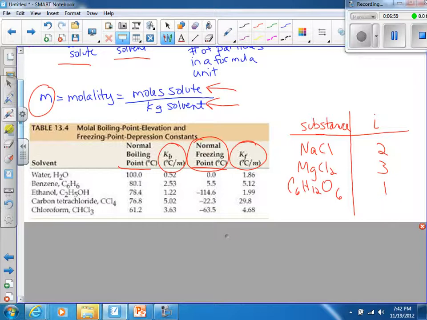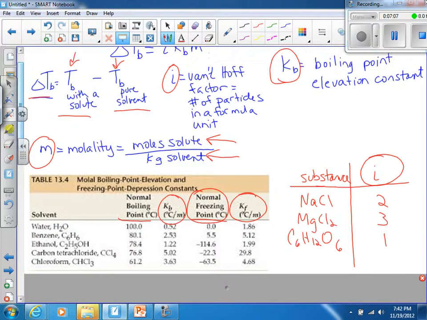All right, let's talk about I, the Van 't Hoff factor. It's how many particles are in a formula unit.